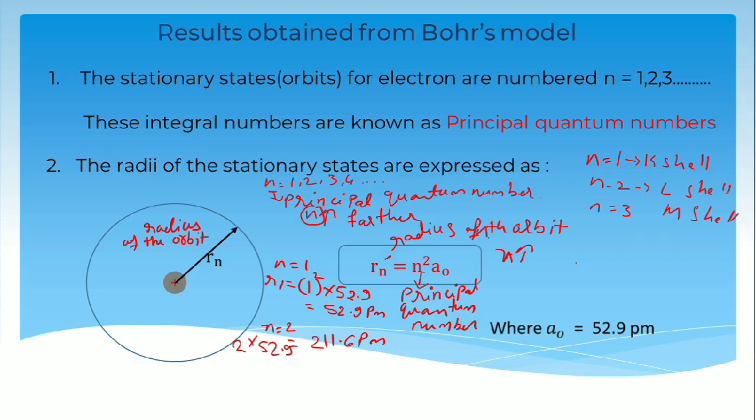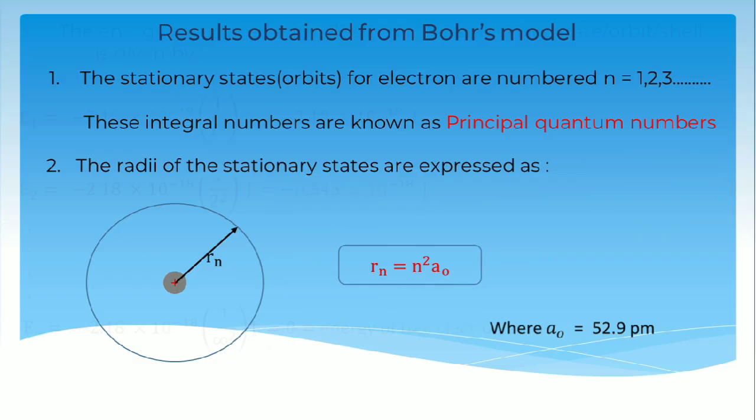Okay, so it increases. Higher orbit means larger radius. So what we can say here is the stationary states of electrons are represented by the principal quantum number, and the radius of the orbit increases as n square.